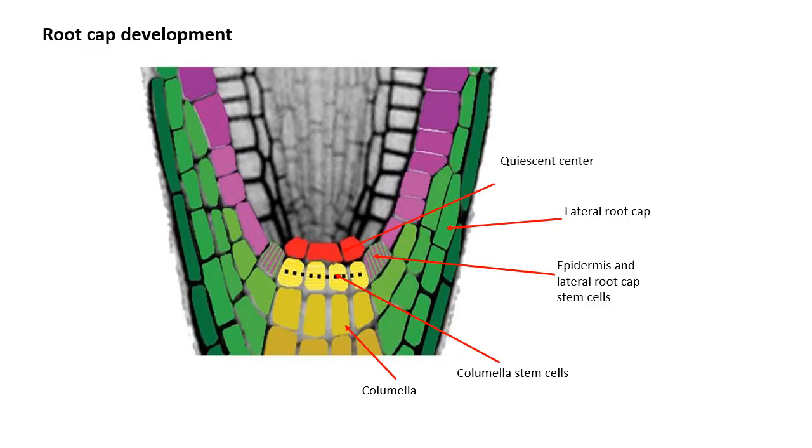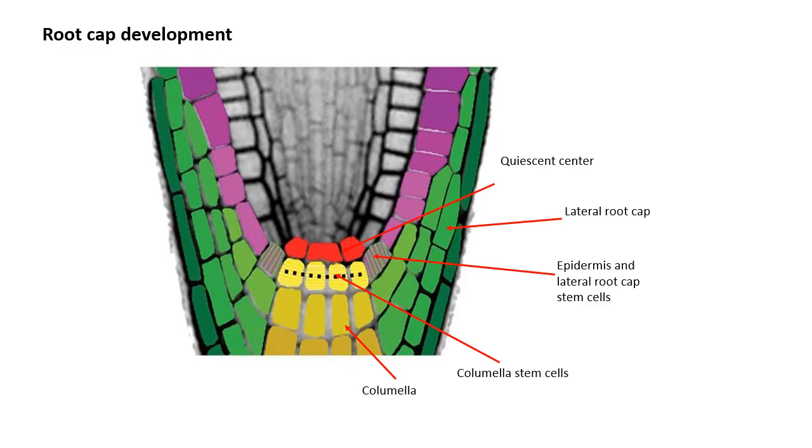Coming to the root cap development, which is an important feature of the primary root, it protects the RAM, that is the root apical meristem, from abrasive damage during growth through the soil. The root cap is formed from the columella stem cells lying distal to the quiescent center, which divide asymmetrically to generate one stem cell and a differentiated root cap cell.